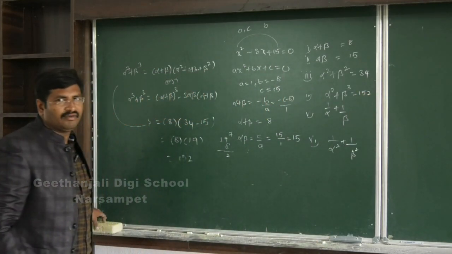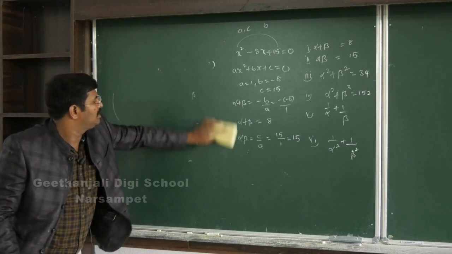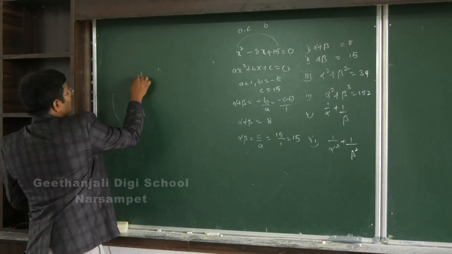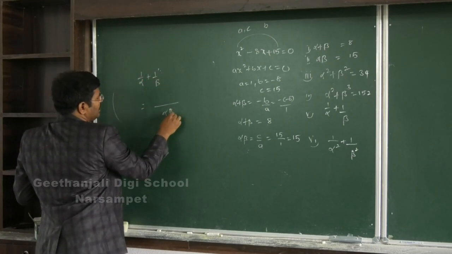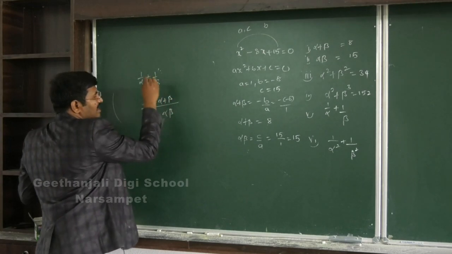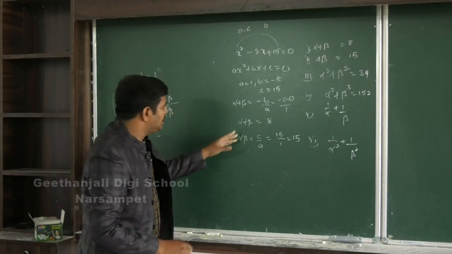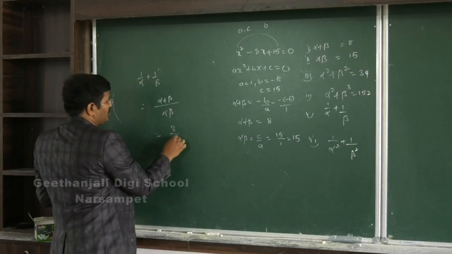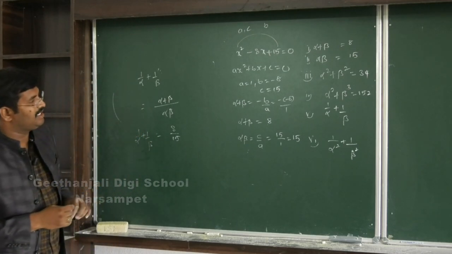Then you will go for 1 by alpha plus 1 by beta. Take the LCM, alpha beta, and the numerator is alpha plus beta. Alpha plus beta is 8 and alpha beta is 15, so that is the value of 1 by alpha plus 1 by beta.